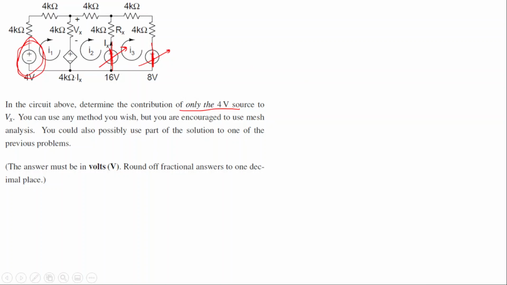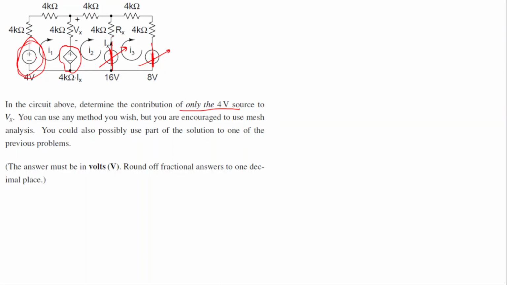Sir, if we turn off all the voltage and current sources, there will be only the 4-volt independent source and this dependent source. So the contribution of this 4-volt source on Vx will be there, or will this dependent source also contribute to Vx? No, you need to take care of the dependent voltage source also. This dependent voltage source depends on this branch current, so it is not actually an independent source.